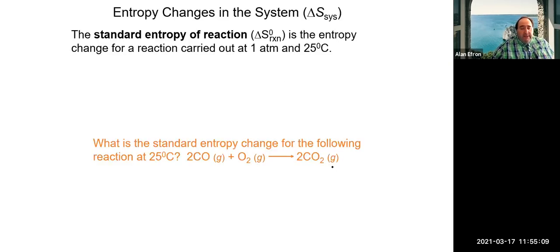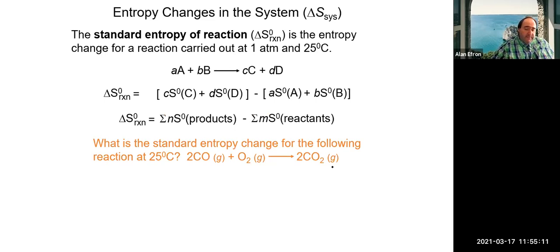To calculate the delta S of the system or the reaction, we basically do it very much like what we do with delta H. So if you're given a reaction and that's all you're given and you're asked to calculate the delta S of the reaction, by the way, the little knot there means initial conditions, standard conditions.